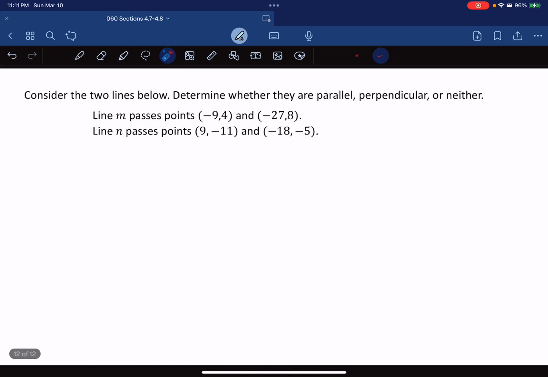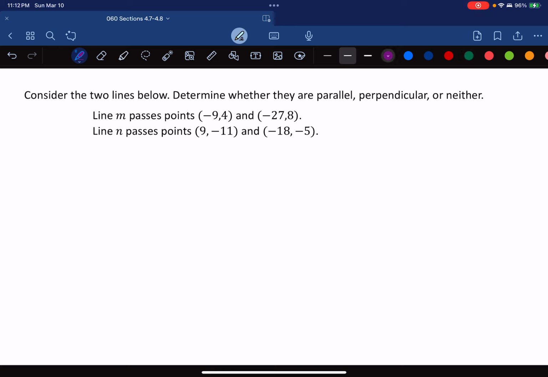Last one I want to do before I end this video is, in this case, you are given information for two lines and asked just to determine if the lines are parallel, perpendicular, or neither. This is a very common type of question that's given in math books.